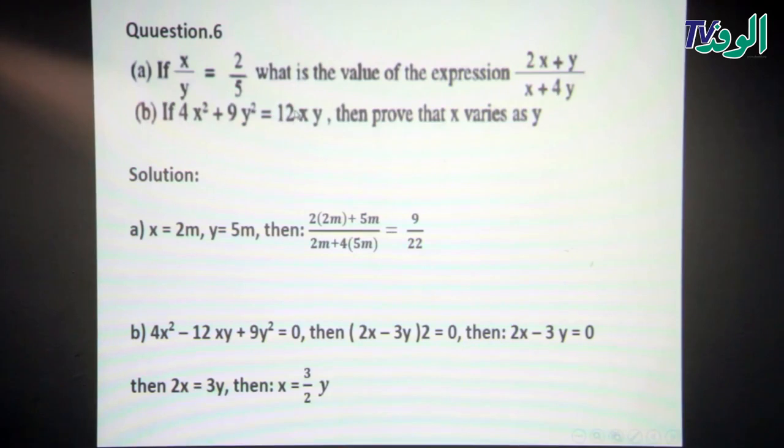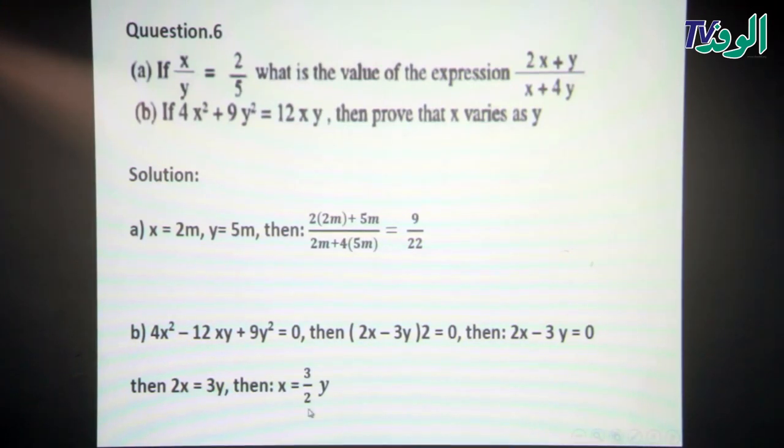Move 12xy to the other side to be the middle term, and when we move we change the sign. We find it became 4x squared minus 12xy plus 9y squared equals 0. Using factoring, we get (2x minus 3y) to the power of 2 equals 0. Then 2x minus 3y equals 0.